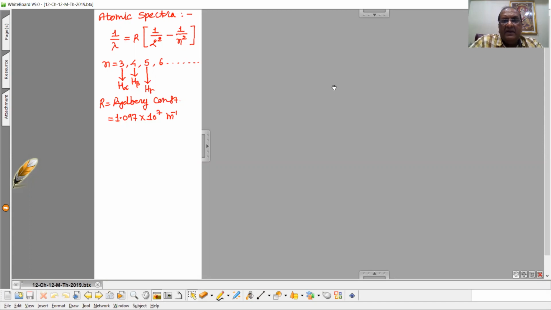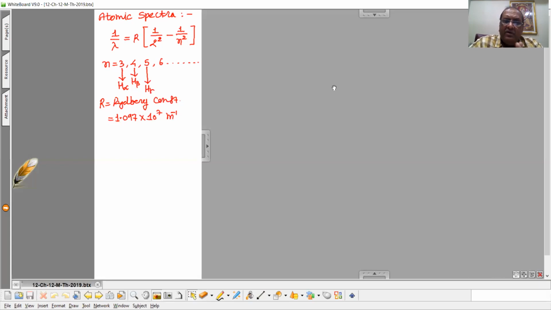Very first, this type of atomic spectra was obtained by the scientist Balmer for the hydrogen atom in the visible range.